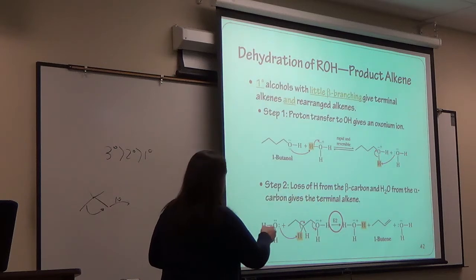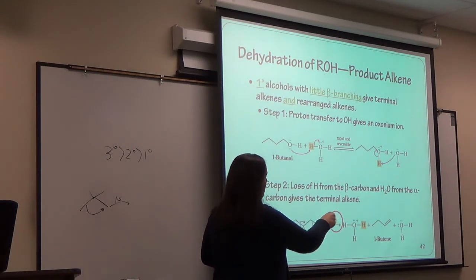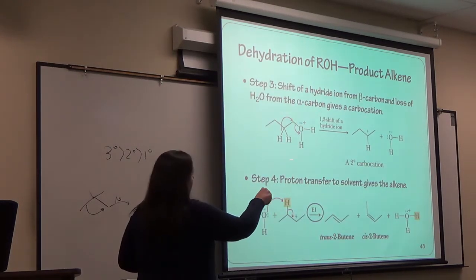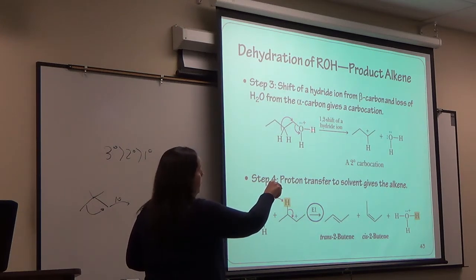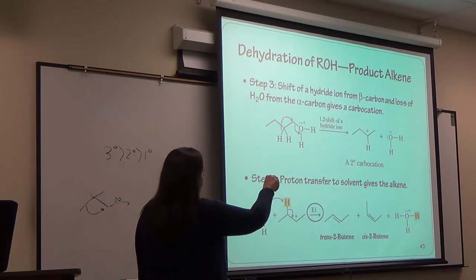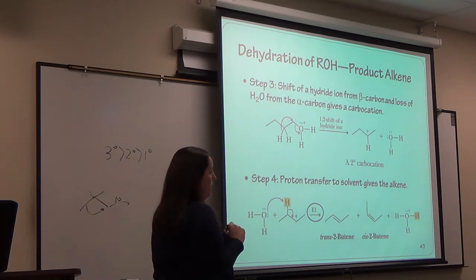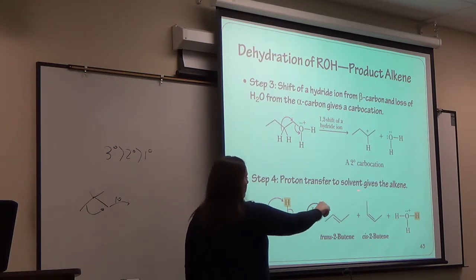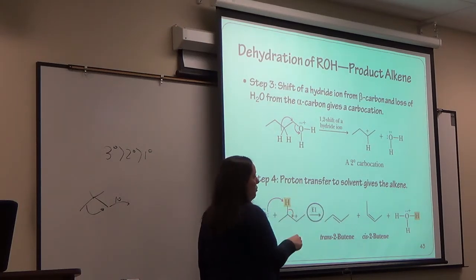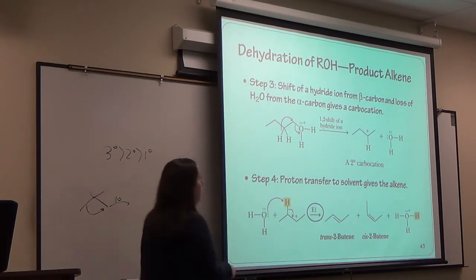If we go back here for a second, for this oxonium, there is a possibility of the hydrogen moving over, the hydride shift happening. Then it moves the carbocation into the secondary position, which would give you the E1 product. There's a little bit of that that goes on too.